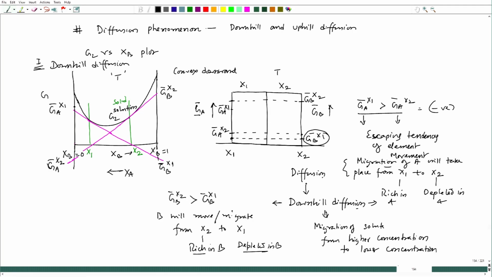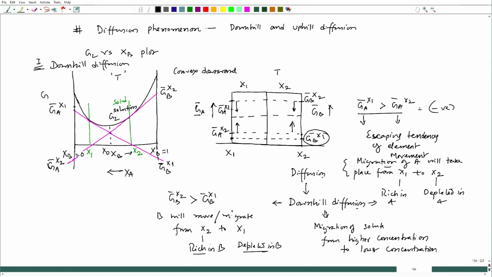In case of downhill, the concentration will gradually change, A will move this way, this way and this way. So, finally, they will achieve a common concentration, which could be placed here, which is x0. Once that common composition is reached, there will be no more diffusion.